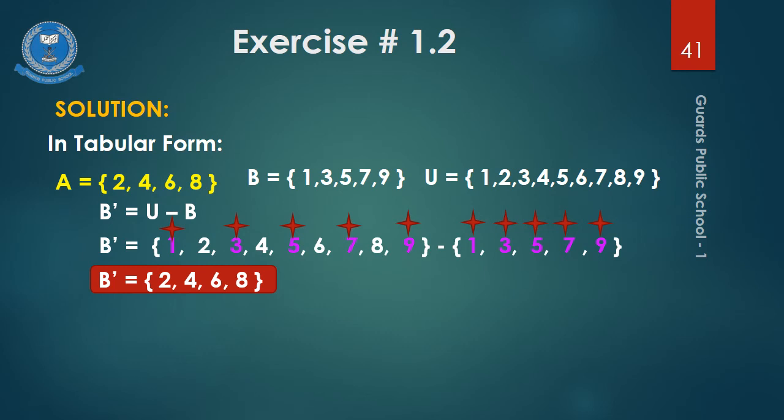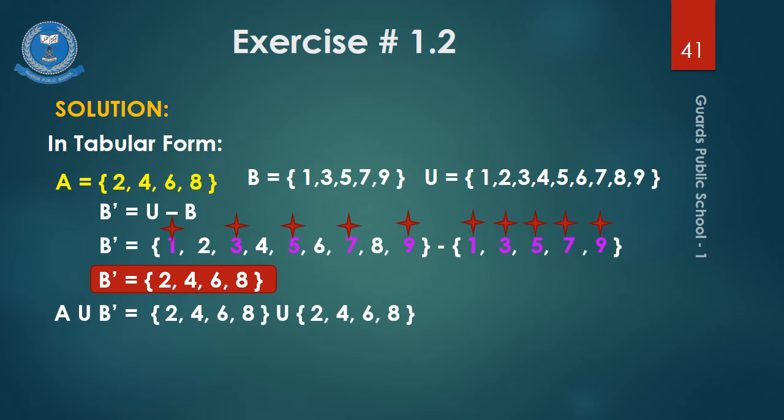But the question is A union B complement. Now you will have to find the union of set A with B complement. List all the members of set A, which are 2, 4, 6, 8, union with B complement, and look here, B complement is also equal to 2, 4, 6 and 8. First tell me the meaning of union. Union means unite, or write down all the members of two sets without repetition.